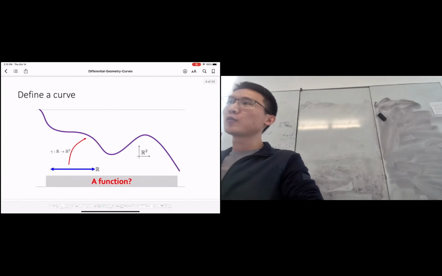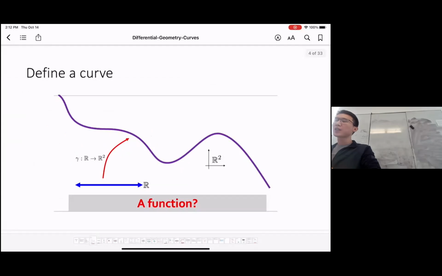So our first question is a very basic one. We want to ask, what is a curve? Can you define a curve for me? Back to calculus, many of us are probably familiar with defining a curve using a parameterized function.